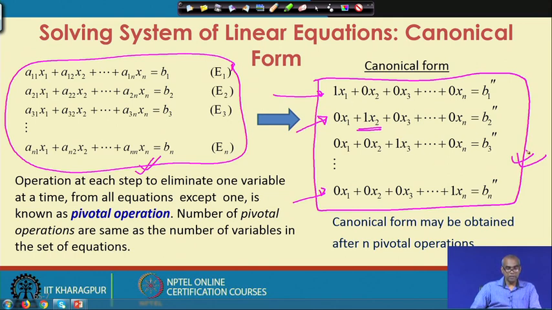Operation at each step to eliminate one variable at a time from all equations except one is known as pivotal operation. Note that in the canonical form, each row has only one variable, because all others have been reduced to 0.